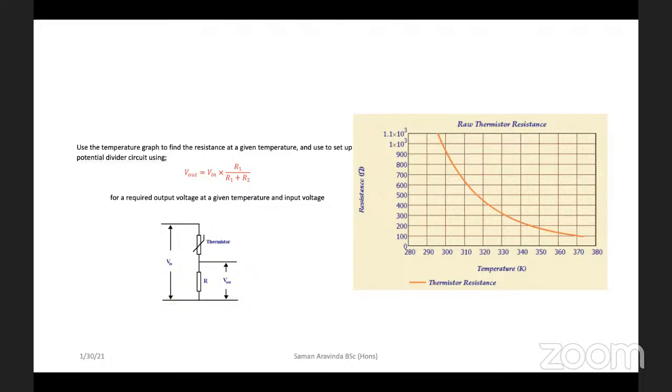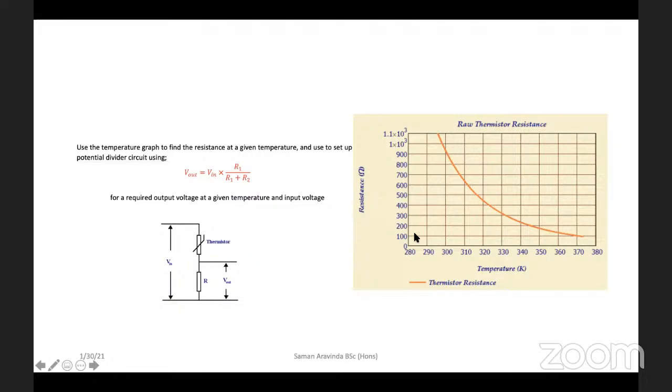You have eco mode and several other modes, and all these modes work according to the thermostat inside. The thermostat's resistance is read, and accordingly the triggering mechanism works inside the device: according to that particular temperature, the input voltage to the triggering mechanism is decided. That's what is meant by calibrating an NTC thermistor.